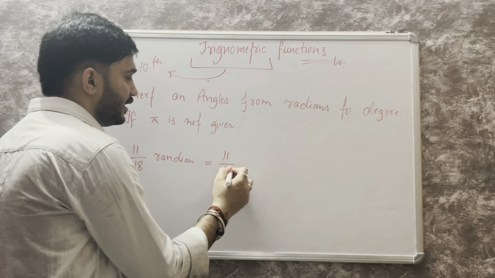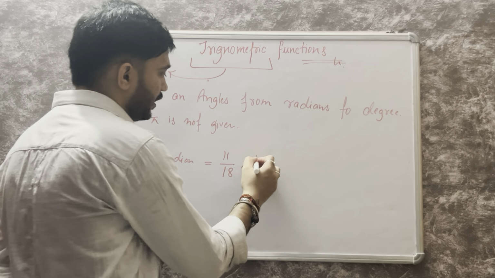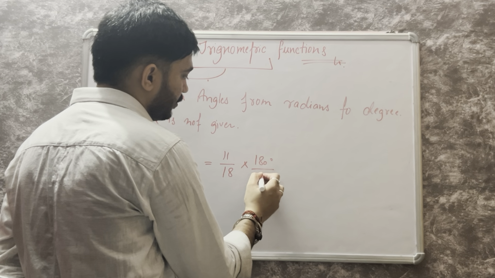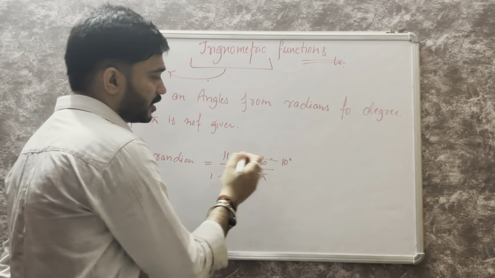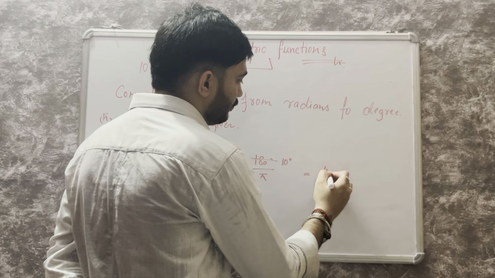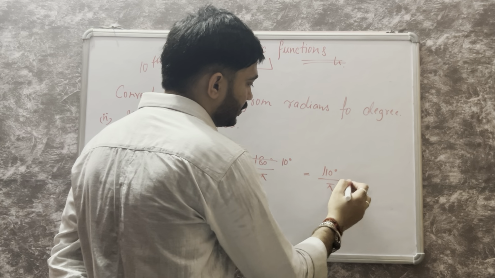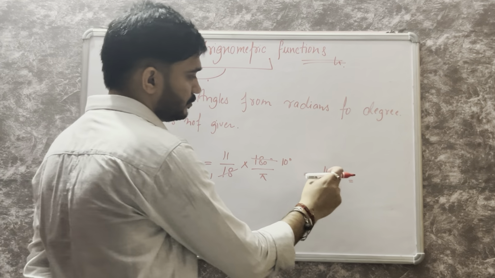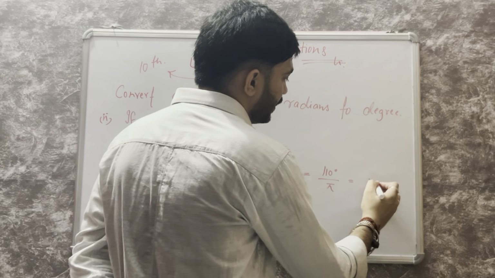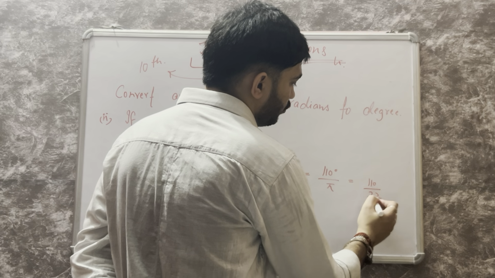Write 11 by 18 as it is, multiply it by 180 degrees divided by pi. 18 ones are 18, 18 tens are 180. Multiply this to get 110 degrees divided by pi. What is the value of pi? Anyone? The value of pi is 22 by 7.